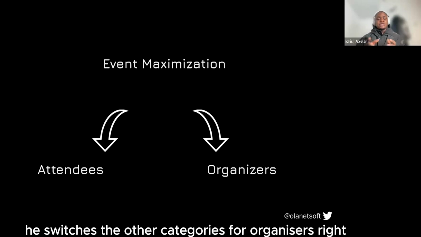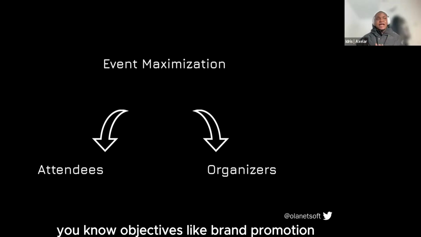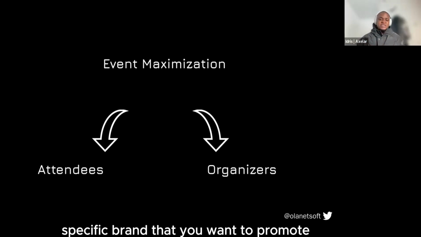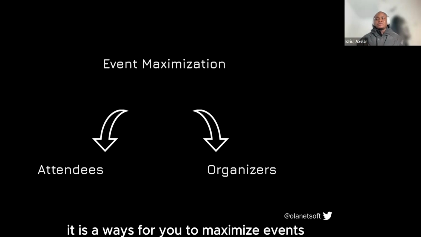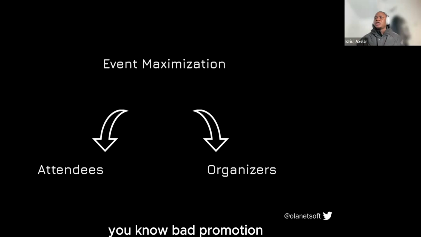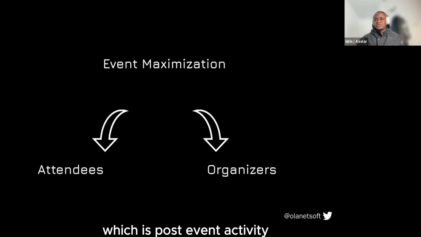Another one is the other category, for organizers, right? This includes achieving objectives like brand promotion. If you have a specific brand that you want to promote, or any brand that is currently sponsoring that event, how can you promote it? These are ways for you to maximize events: brand promotion, and community building, which covers what is going to happen before, the pre-event, and also after events, which is post-event activity.